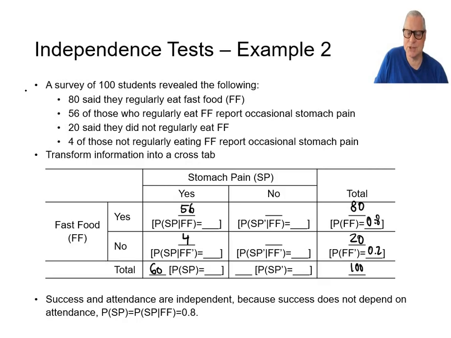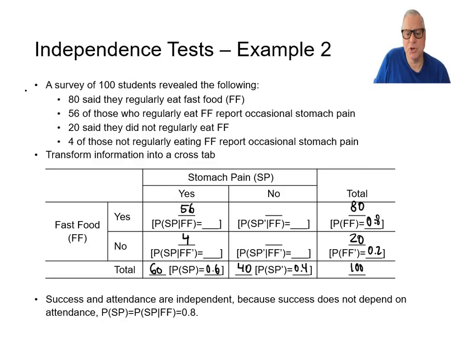You can see this logic is a little bit related to the degrees of freedom concept. If we know one, we automatically know the other. So that means the probability that a randomly selected person from the population has stomach pain is 0.6. And the probability that somebody has no stomach pain, SP prime, is 0.4.